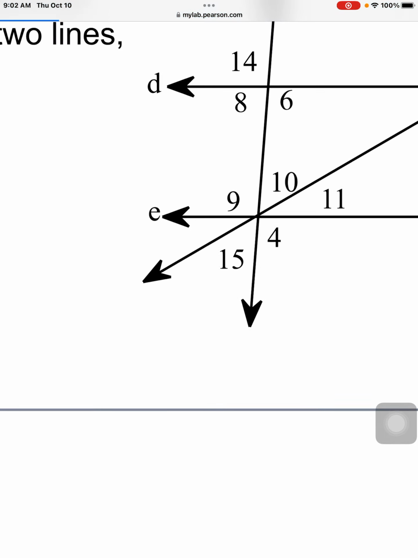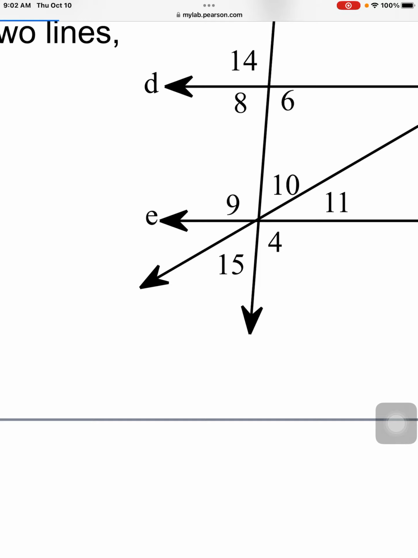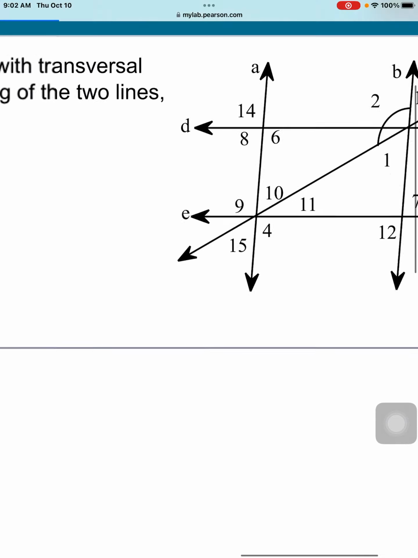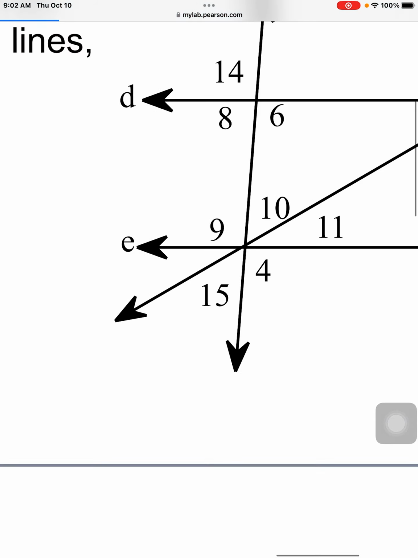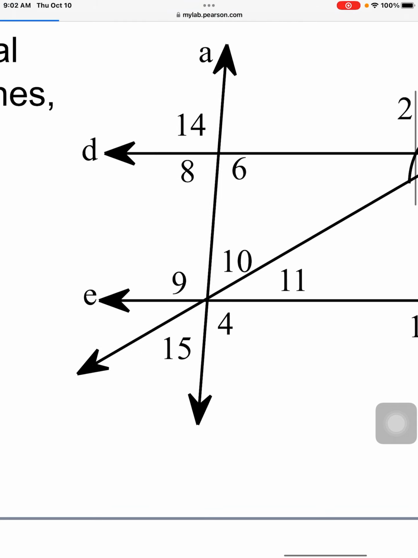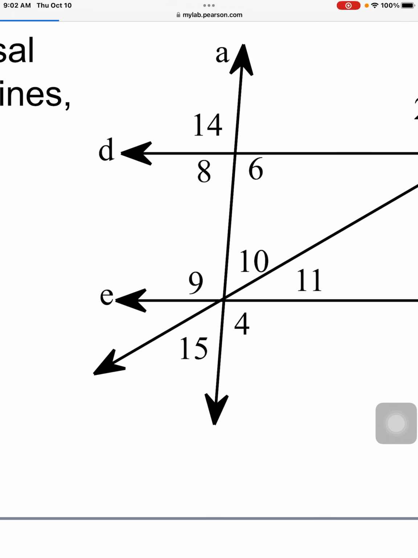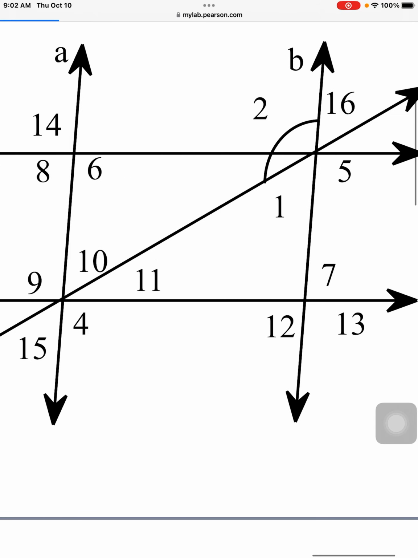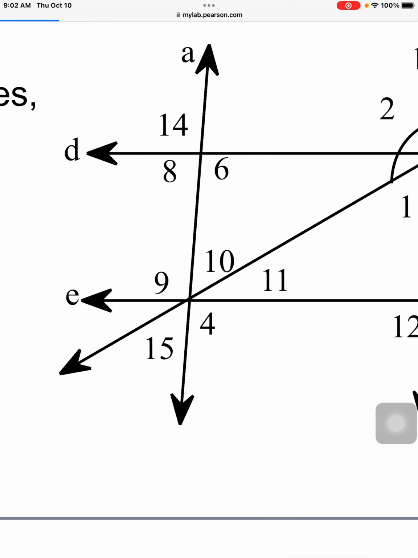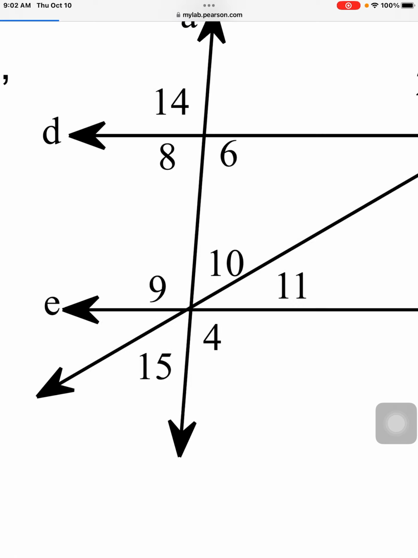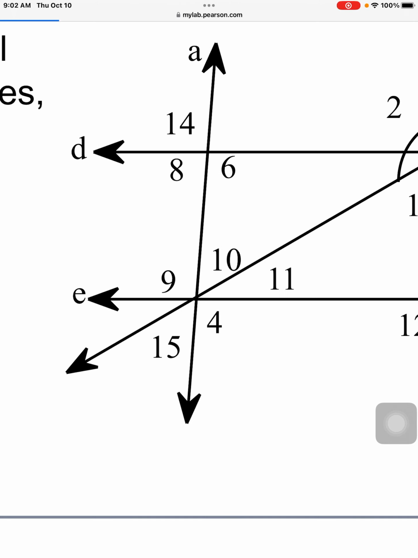Now, the reason why 8 and 10 are not alternate interiors is because, what transversal is 10 on? Sure, it's on A, but it's also on C over here. So that means 8 and 10 are not on the same transversals, right? 10 is on A and C, and 8 is just on A. So that's like the first red flag. It would have to be the entire, so 6 and 9 is alternate interior, correct?